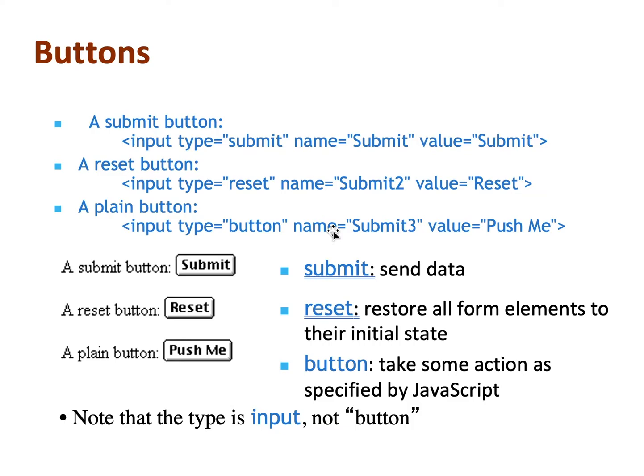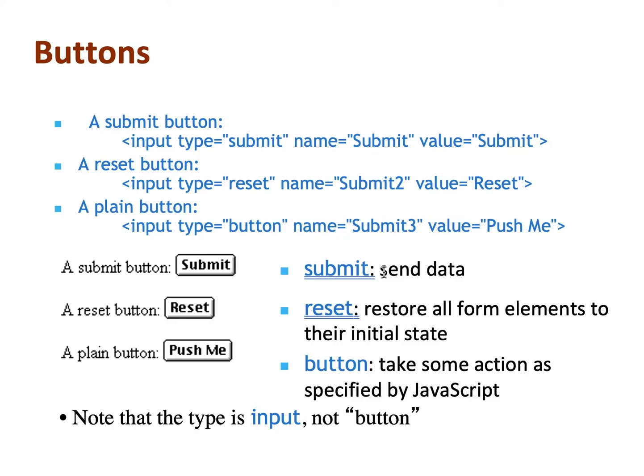We also have a reset button, so type reset, name submit to, value reset. It's exactly the same as the submit button, but this time a reset button would clear the form for you. And then we can also have a plain button, so with JavaScript or whatever we can get that plain button to do something for us, whether it shows more information when you click it, or pushes other forms of data through to a database.